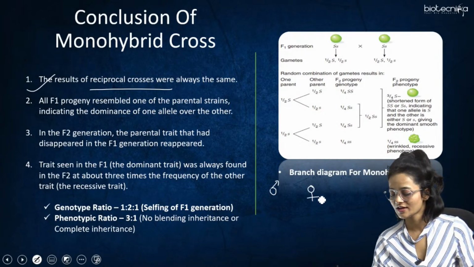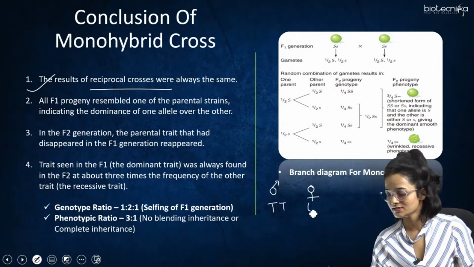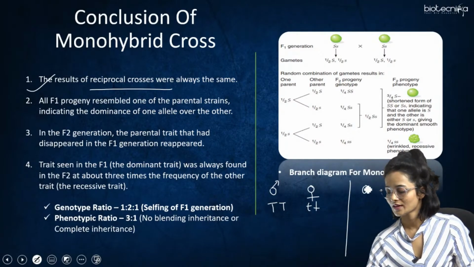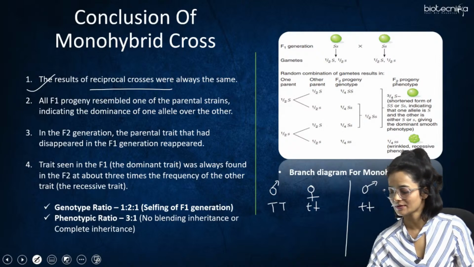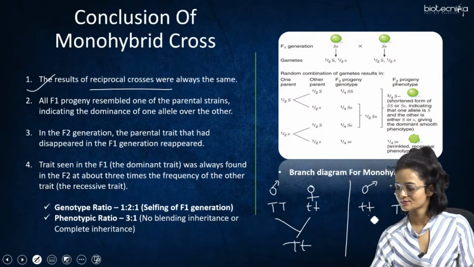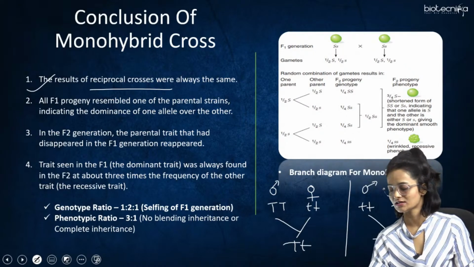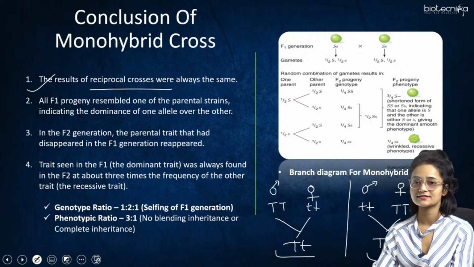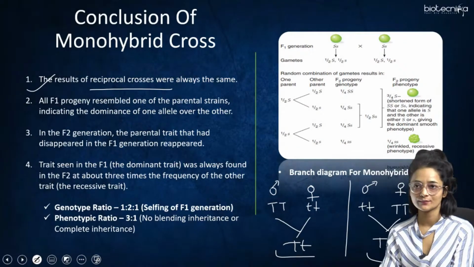The character we have taken is capital T, small t. And here is a male which produces small t, and here is a female which produces capital T, right? Now in the F1 generation, capital T, small t is produced. Here also in the F1 generation, capital T and small t is produced, right? In both the cases, the offspring have the same genotype. The genotype remains the same.